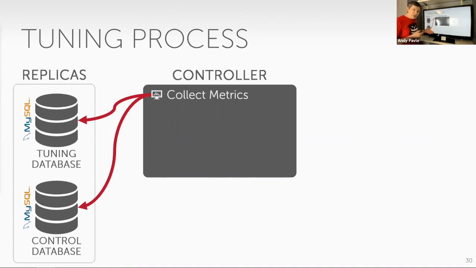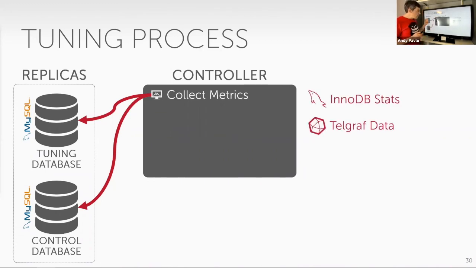Although they're not executing the exact same queries, it's coming from the same application domain. So the queries are similar enough. And with enough time, with enough measurements, you can assume that the workloads are exactly the same. So we have our database that we're actually going to tune, and we have a database that we're never going to touch, but this is just determining whether, at a given point in time, we are making things better.